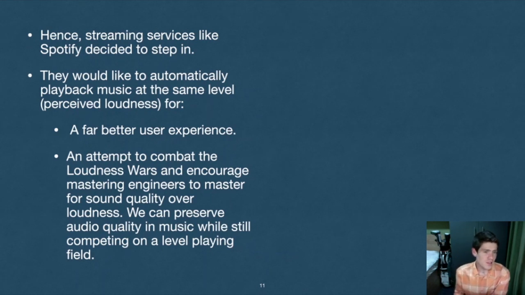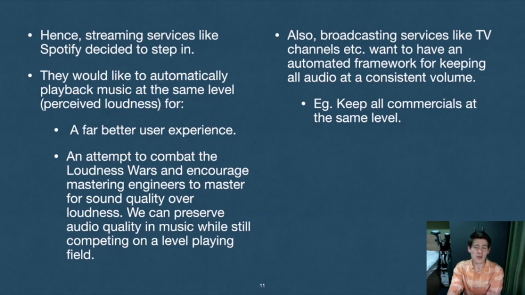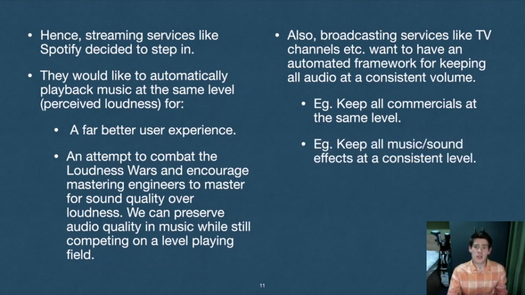And it's also an attempt to combat the loudness war, to encourage mastering engineers to master for sound quality over loudness. And also, it must be mentioned that broadcasting services like TV channels, they want to keep consistent audio as well. Think about commercials. You want to have your commercials all playing at the same loudness. You want to have all your sound effects playing at the same loudness.